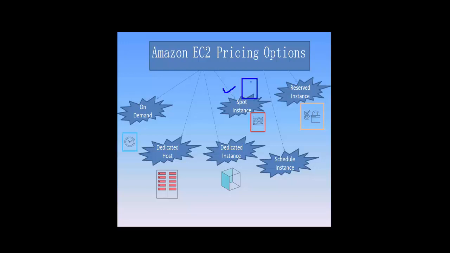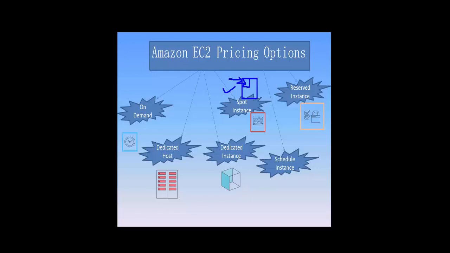A hotel has a free room, it's 8 o'clock at night and nobody will normally come. Then what does he do? He offers the room with a 40% discount, or a 50% discount. That is the discount option.